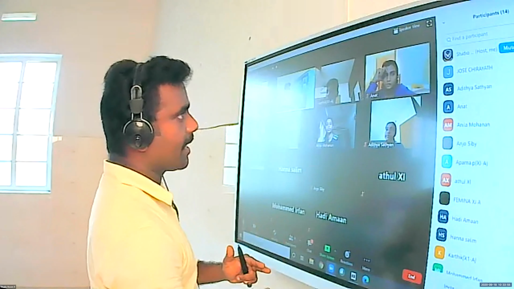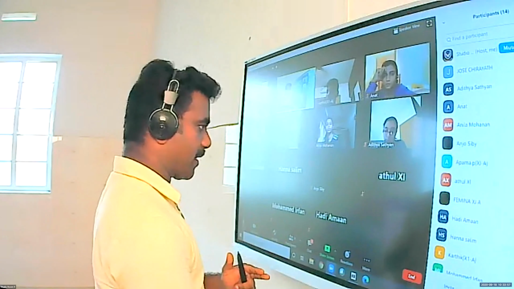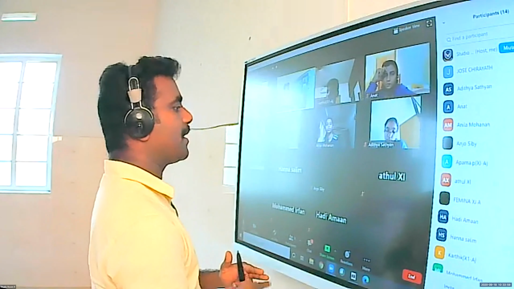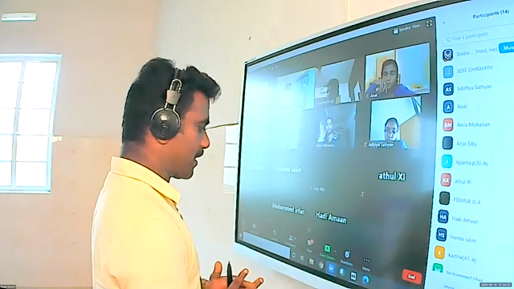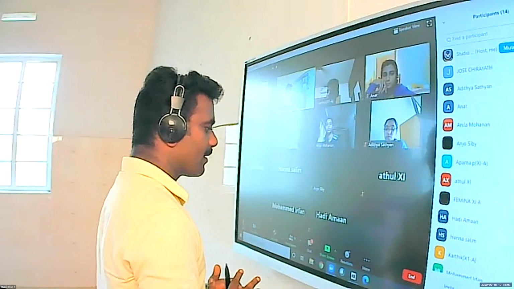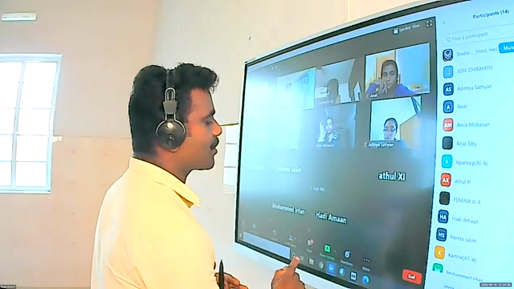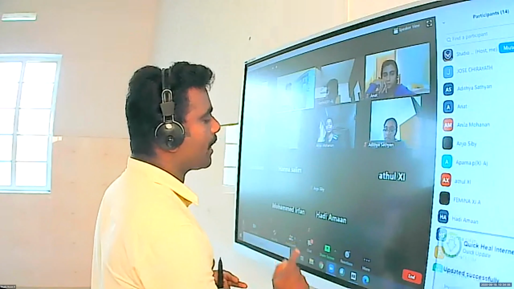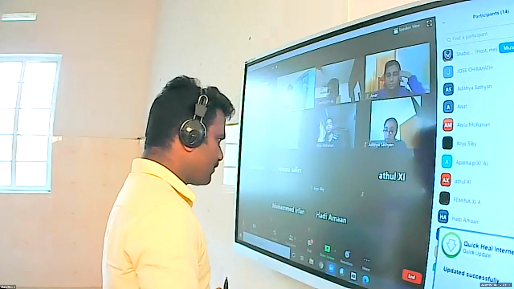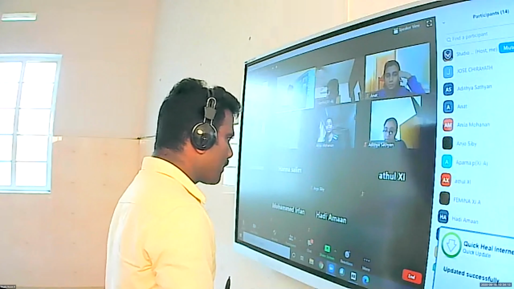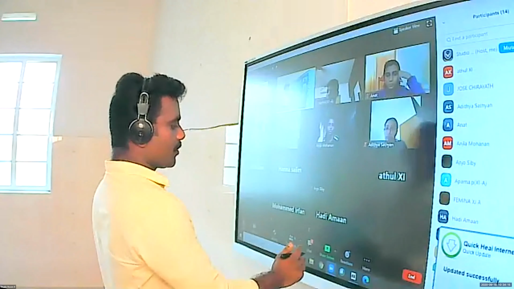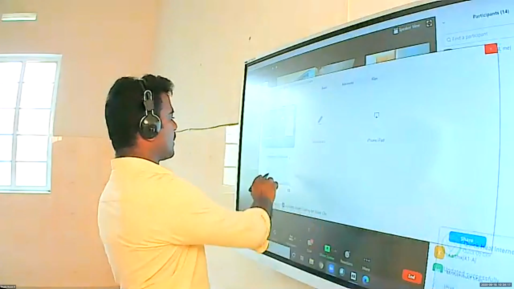If it is credit, on the credit side you write the opposite aspect. If it is debit, on the debit side you write the opposite aspect. Here, cash account to Tarun, so Tarun is credit. So on the credit side you write by cash. Clear? Yes, sir.